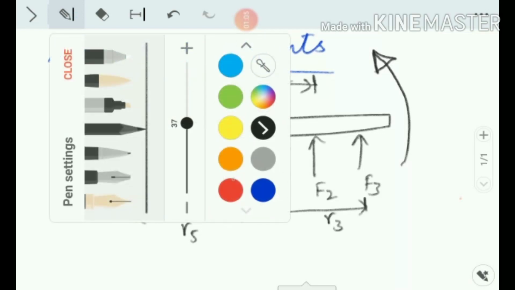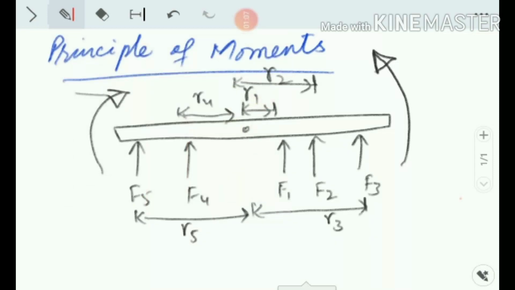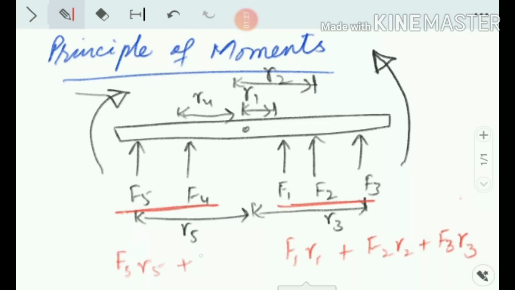So what will be the sum of torques produced by these three forces? They will be F1 R1 plus F2 R2 plus F3 R3, and the torques produced by these two forces will be F5 R5 plus F4 R4.